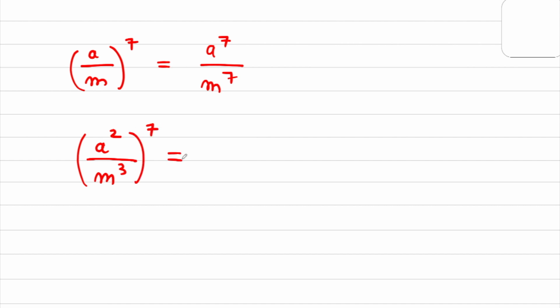For this writing, you can understand that the numerator is a square. So when I want to break this bracket, I have to apply the power of 7 to a square. But for this writing, I have an incorrect answer. I have to put a square inside the bracket like this, and the same thing for m cubed in the denominator. m cubed is put inside the bracket and you have the 7 outside.